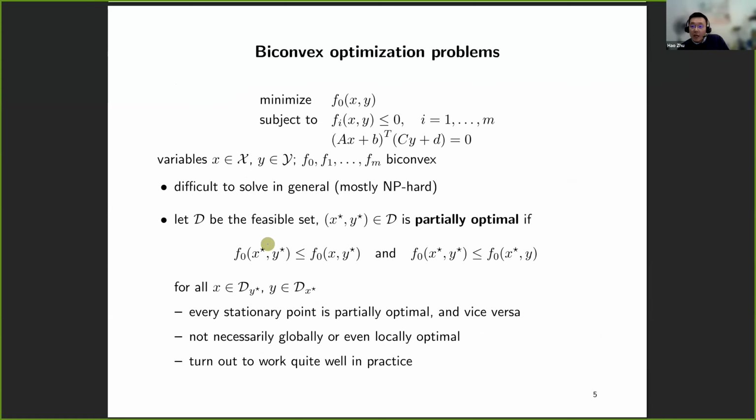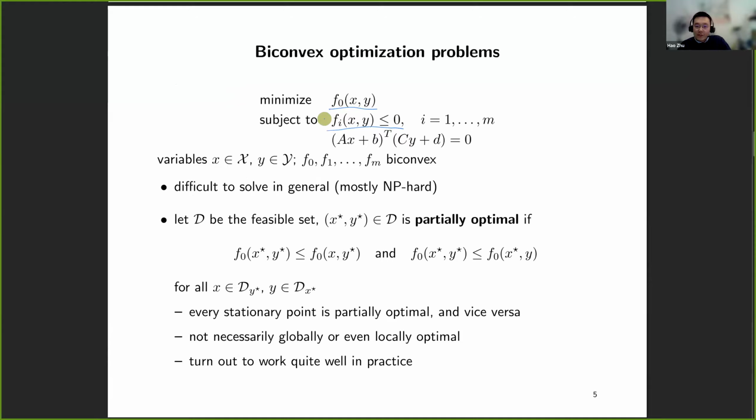Okay, then based on these, we can have this definition of biconvex optimization problems. It's similar to convex optimization problems, and the difference is that the objective f0 and the inequality constraint functions are biconvex, and the equality constraints are bi-affine, right? So if you're familiar with convex optimization problems, then biconvex optimization problems are more or less similar to that.